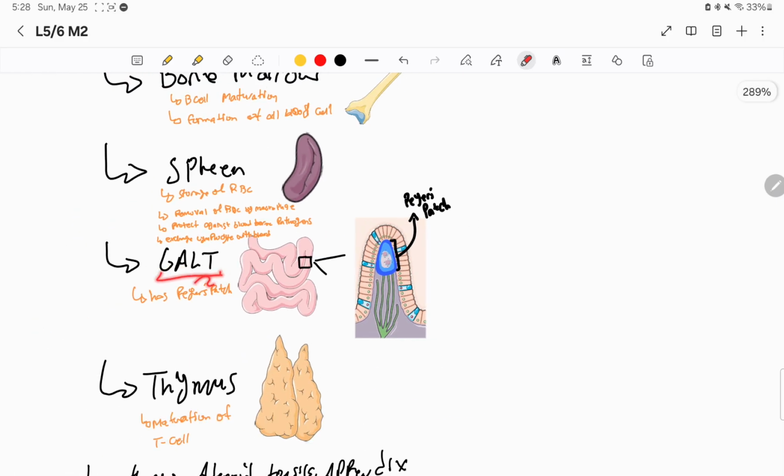There's this other thing called the gut-associated lymphoid tissue, which is really just part of a bigger umbrella term we like to call MALT, or the mucosal associated lymphoid tissue, and that includes the GALT, it includes BALT, so bronchial associated lymphoid tissue, NALT, nasal associated lymphoid tissue, whatever, okay? Many different places have it.